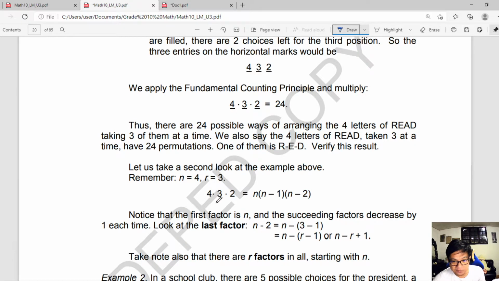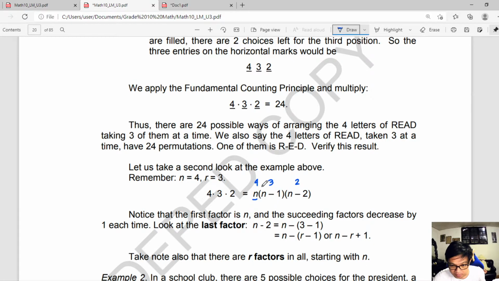So, that is 4 times 3 times 2. We start with n, which is 4, then followed by n minus 1, which is 4 minus 1 is 3, and n minus 2, which is 4 minus 2 is 2. So notice that the first factor is n, and the succeeding factors decrease by 1 each time.